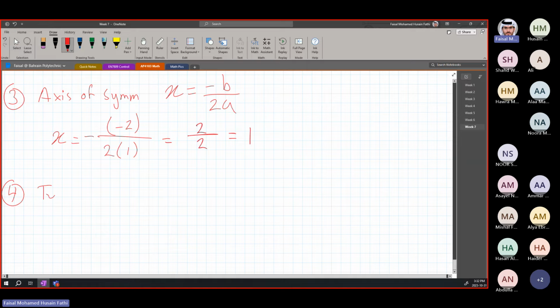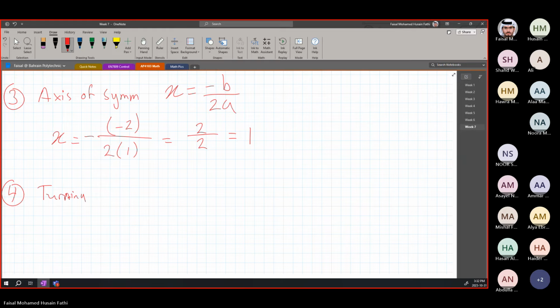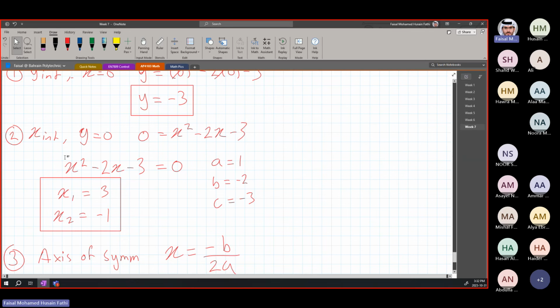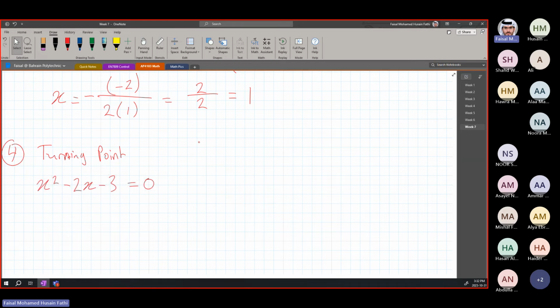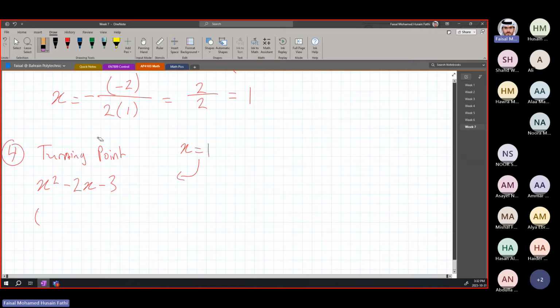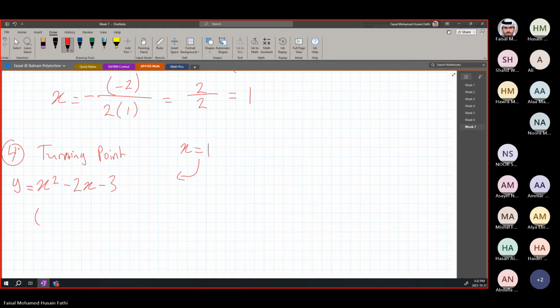Now our turning point. We take our quadratic equation and substitute the value of x equal to 1, because this is the value we found from minus b over 2a. This is y, and this is the original equation: y is equal to x squared minus 2x minus 3.